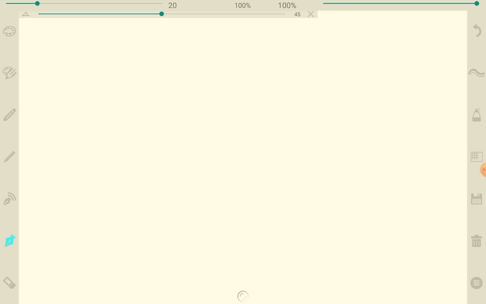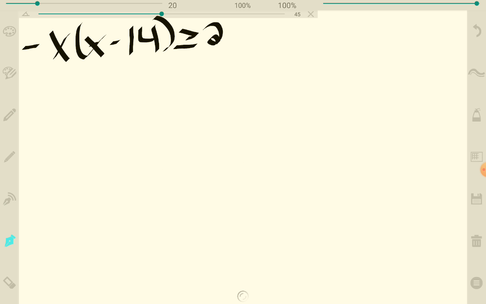Next problem, we have negative x times x minus 14 is greater than 24. So first, we need to factor with PEMDAS. So we would do negative x squared plus 14x, and move the 24 over to this side.